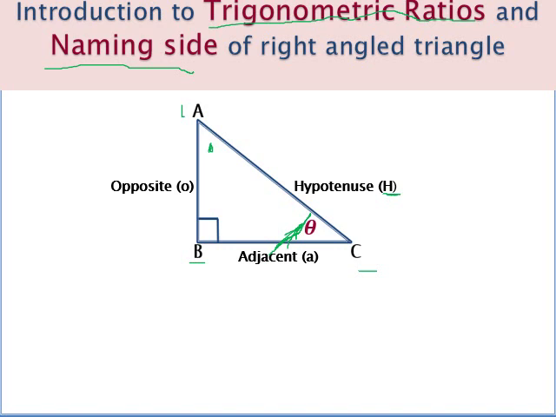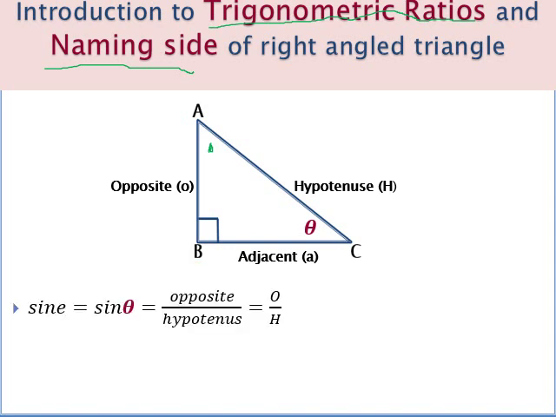Now let us look quickly at the three trigonometric functions that we have in trigonometry. The first one is what we call sine. A sine can be written in short as sin, but we cannot talk about sin without talking about an angle.